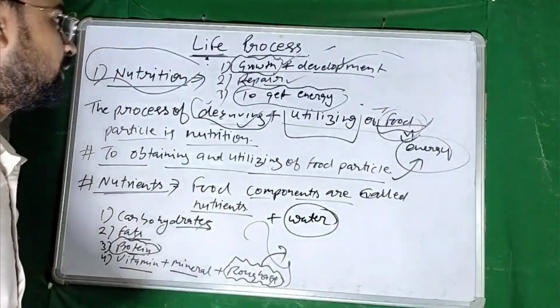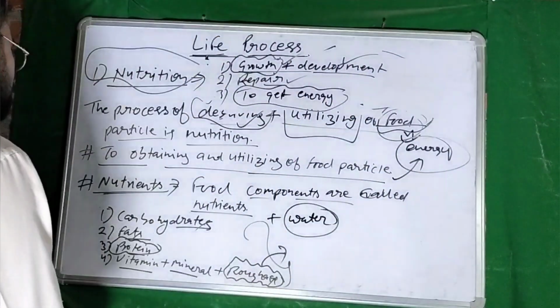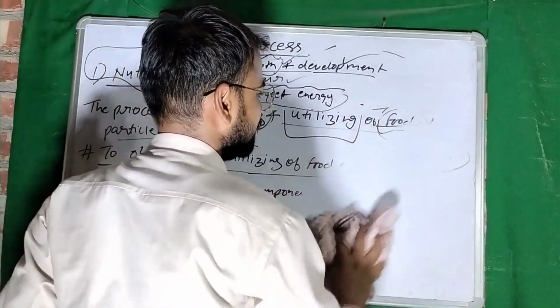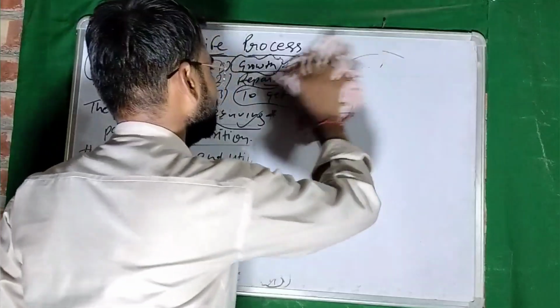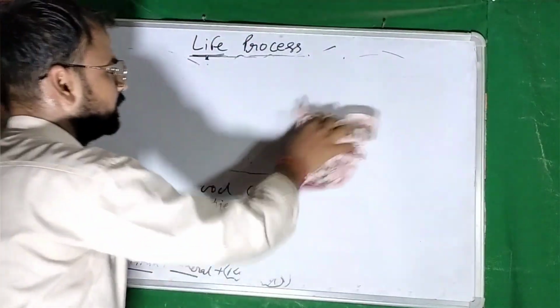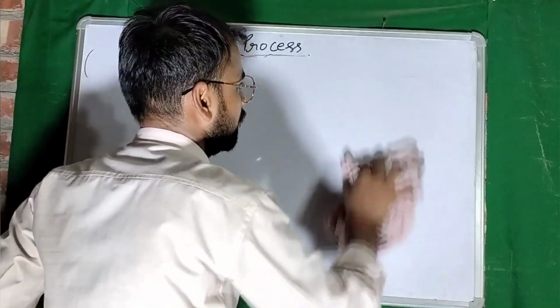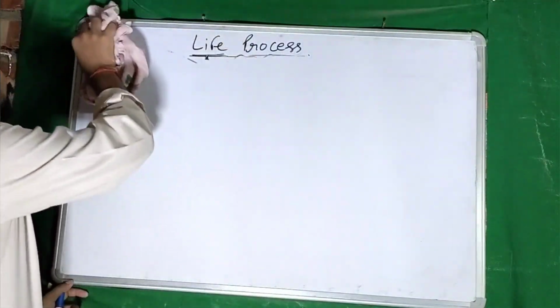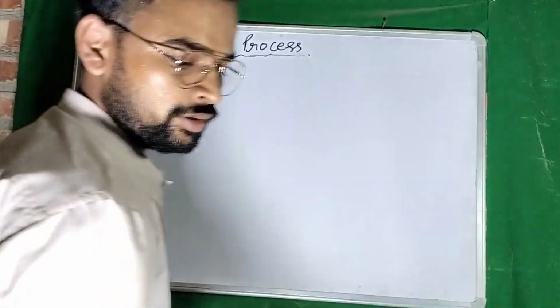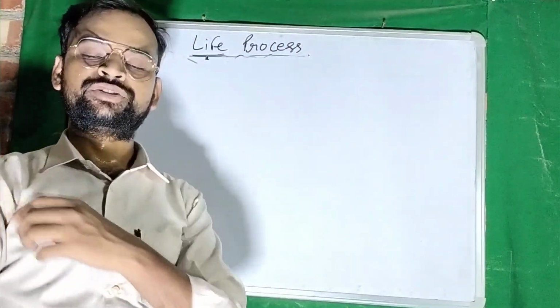Now we are going to discuss the mode of nutrition. You will observe in your surroundings that different organisms obtain food particles by different methods, such as the cow, buffalo, dog, and different types of organisms available around you.